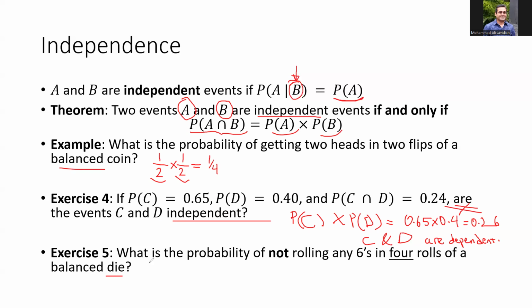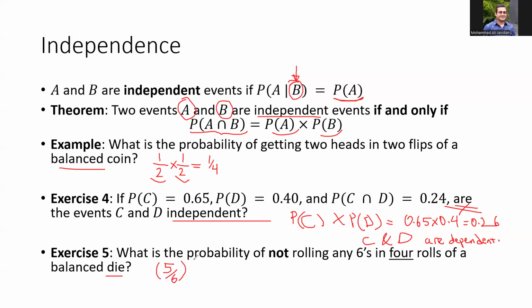So that means you can use the independence of the events, and the probability of not having 6 is 5/6 to the power of 4.